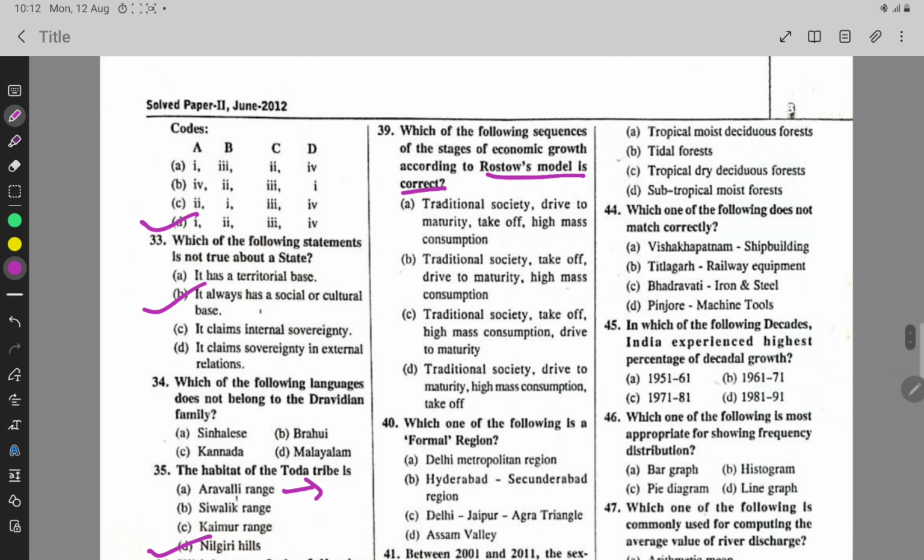Rostow's model, 4-stage model. B is the correct option. Traditional society, stage 1. Stage 2, the society will take off. Stage 3, society will thrive towards maturity. And stage 4 is the age of high mass consumption.